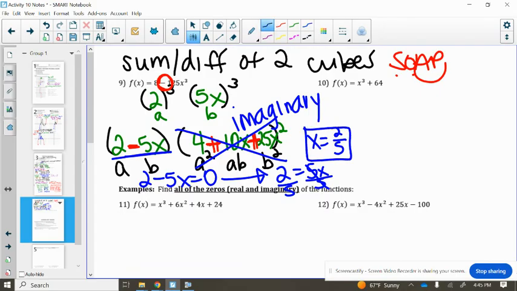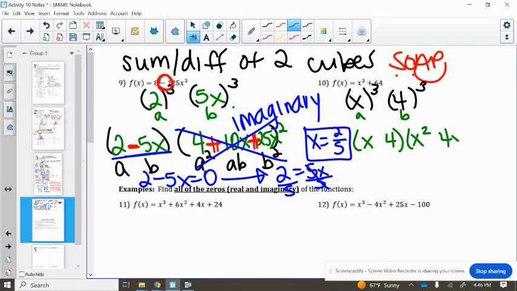In the next example, again, we start off looking at, okay, what cubed is x cubed? X. What cubed is 64? 4. These, again, are A and B values. So A, B, A squared, A times B, B squared.